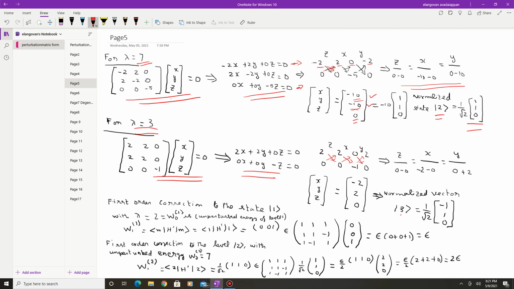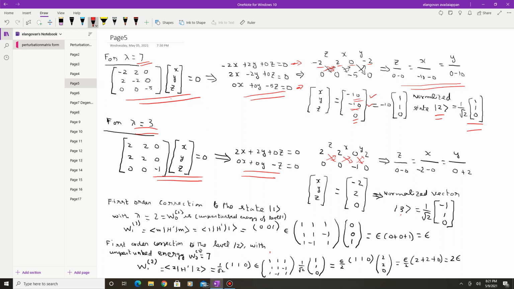Whereas if it is not diagonal, then you have to solve the characteristic equation to find the eigenvalues, and for each eigenvalue you have to find the eigenvector by using this method. So you have to calculate the three states 1, 2, 3. States 1, 2, 3 are the unperturbed states corresponding to the particular eigenvalues.